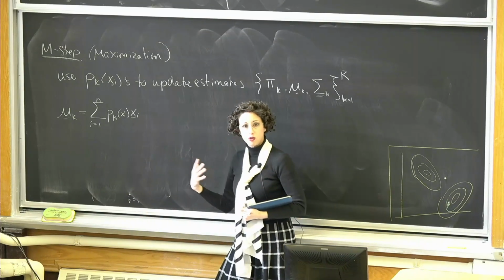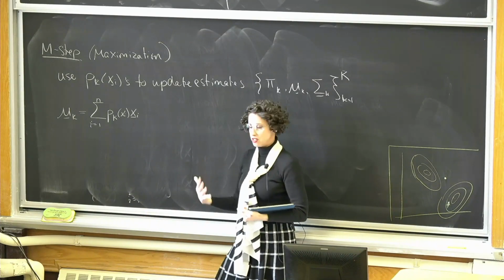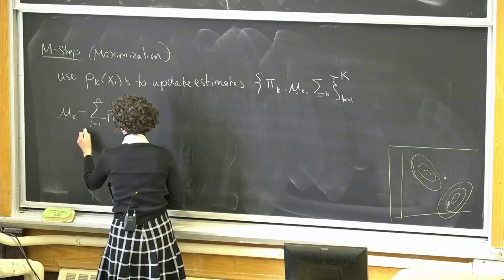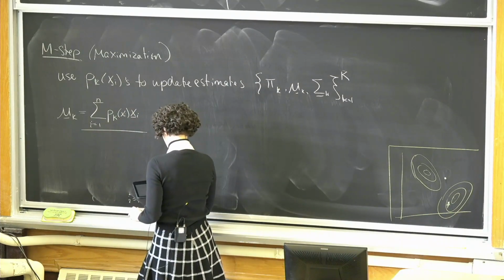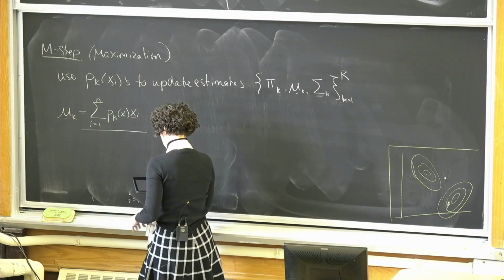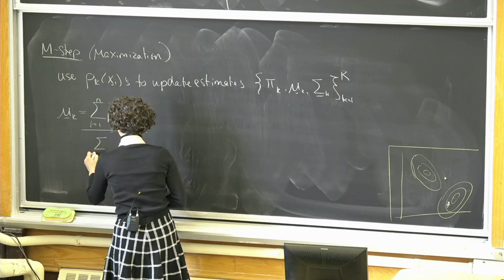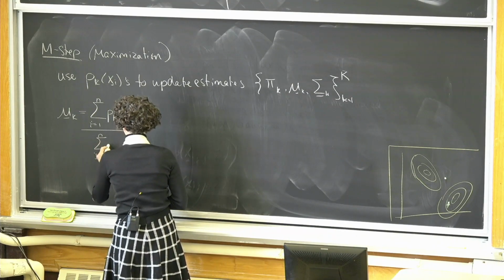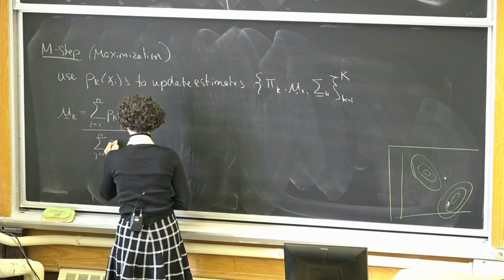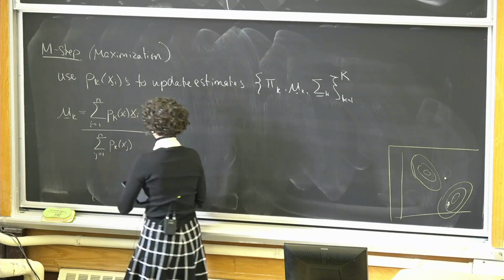Now, when we're doing these weighted averages, we want our weights to sum to 1, so I'm going to add a little normalization factor here, which is simply the sum for j equals 1 to n of p_k(x_j).